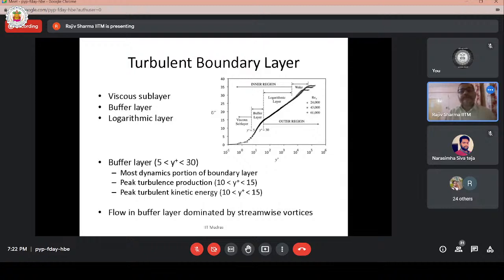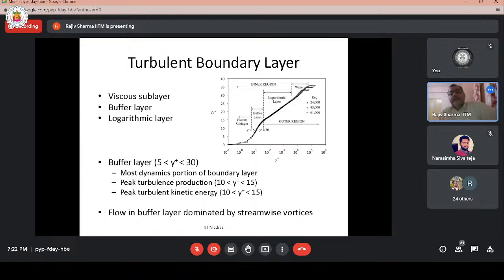Now look at the turbulent boundary layer. You have the different regions, viscous sublayer, buffer sublayer, logarithmic layer, and then the wake, outer regions. And we have also shown the number of cases where it can happen.